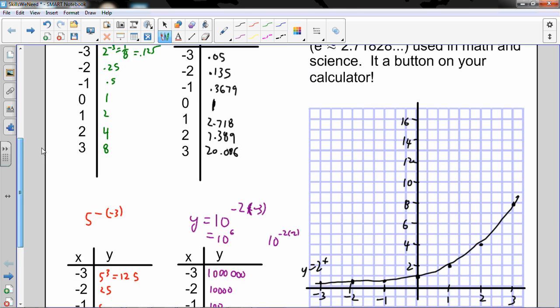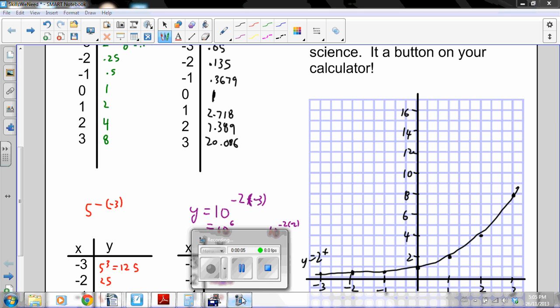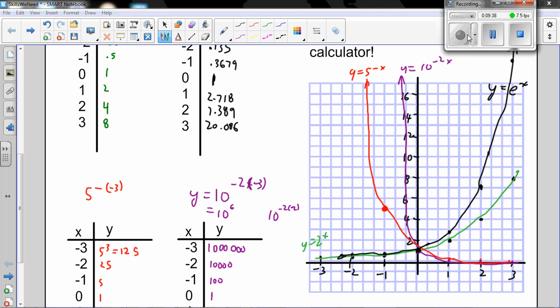What I'm going to do is pause the video, draw the graphs. You should do the same, and then we'll compare at the end, okay? Okay, there's my graphs, and it's hard for me to graph this.